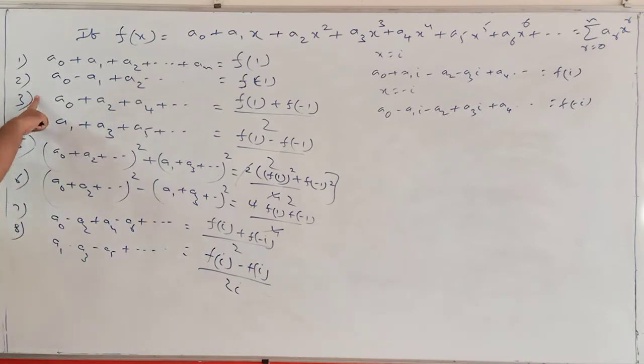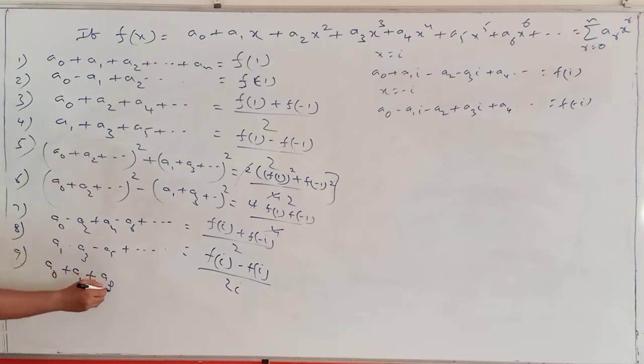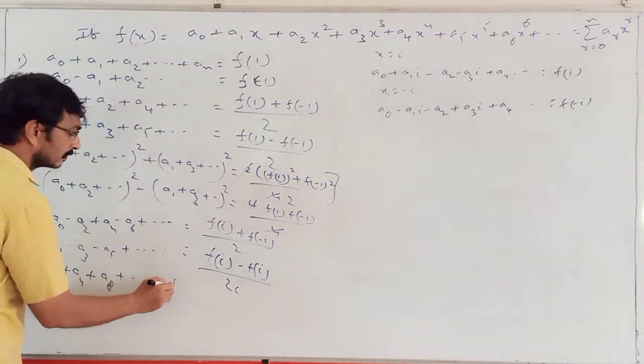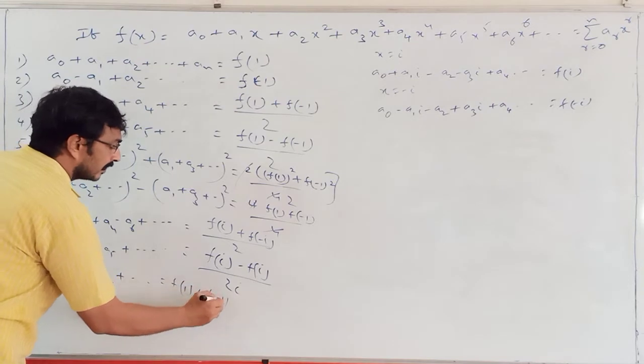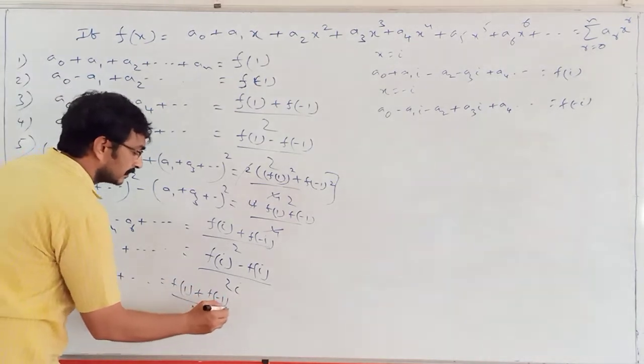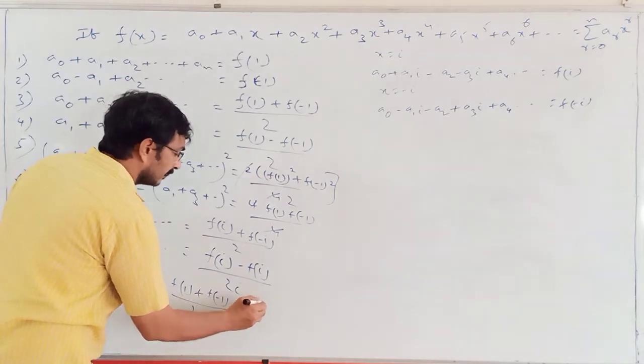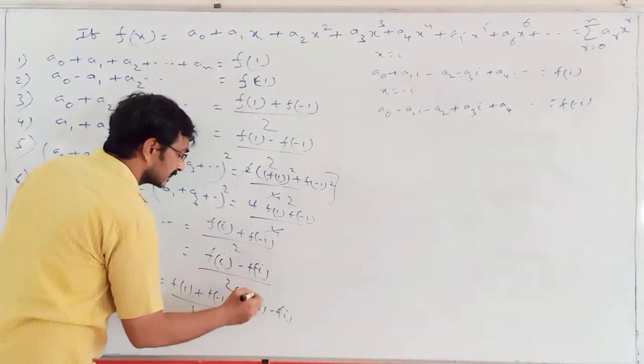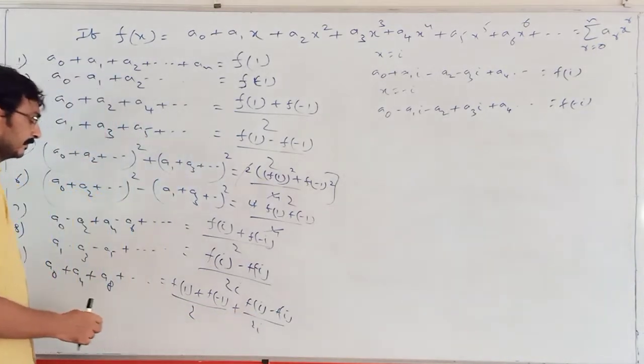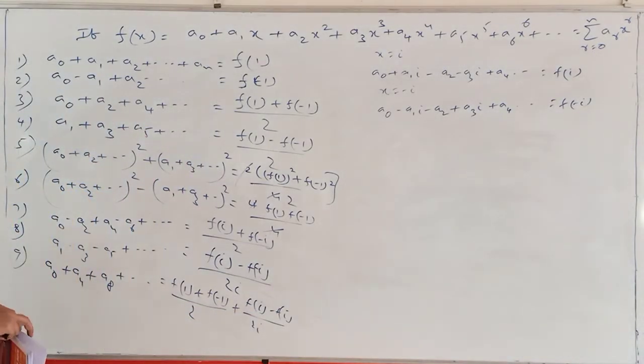So by applying third one plus seventh one by 2, we get a0 plus a4 plus a8 and so on, equal to (f of 1 plus f of minus 1) by 2 plus (f of i minus f of minus i) by 2i, whole divided by 2. Okay, means by 4.